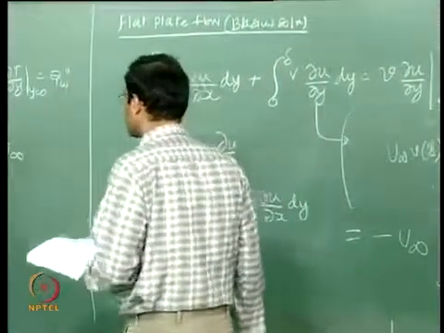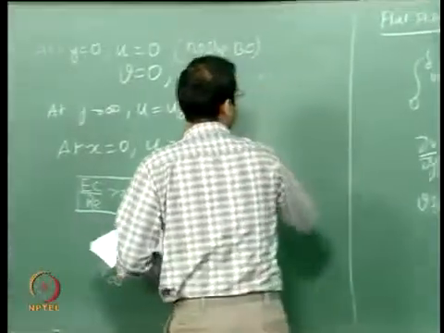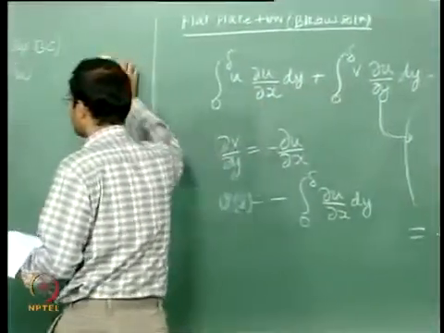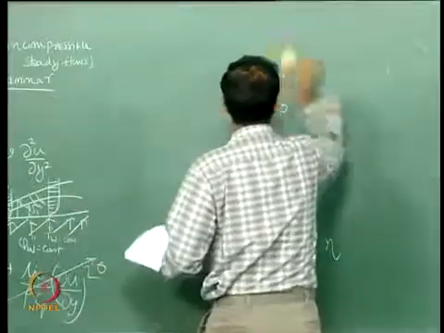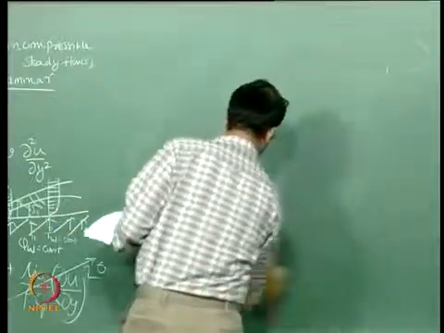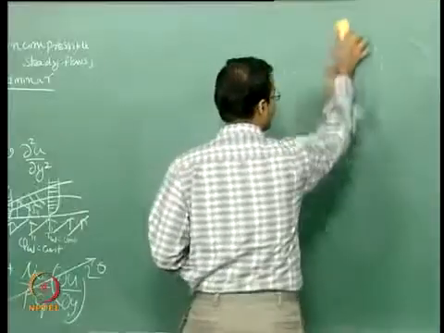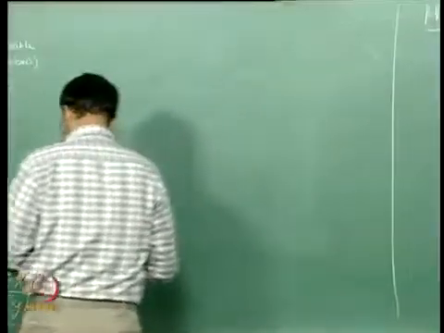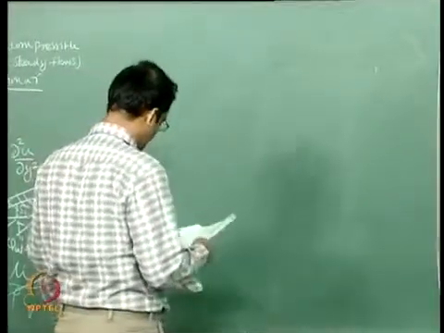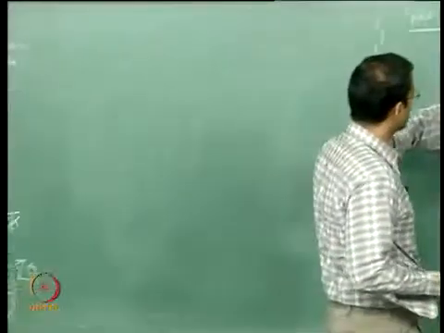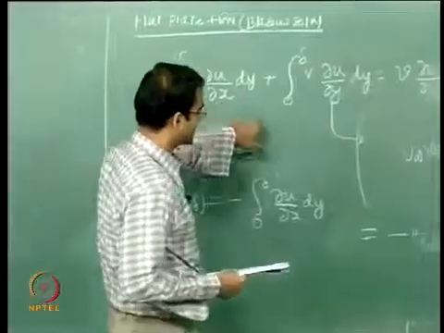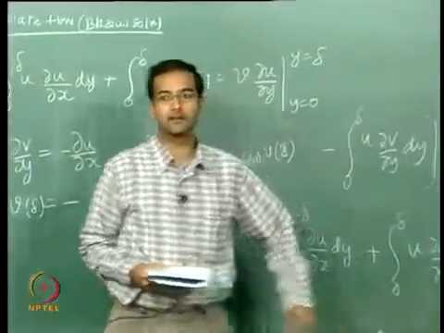So if I substitute for this term and then write the complete equation, you have to tell me how the resulting equation should look. Already you have u du by dx, there is another u du by dx.